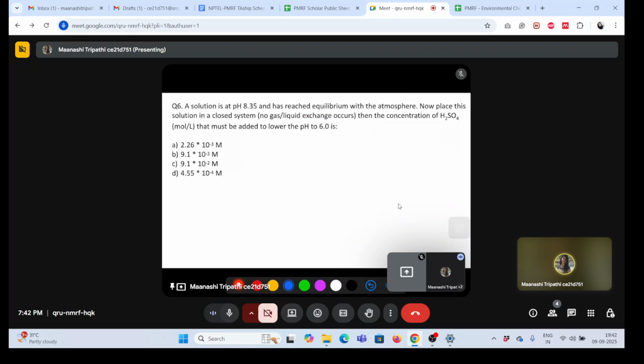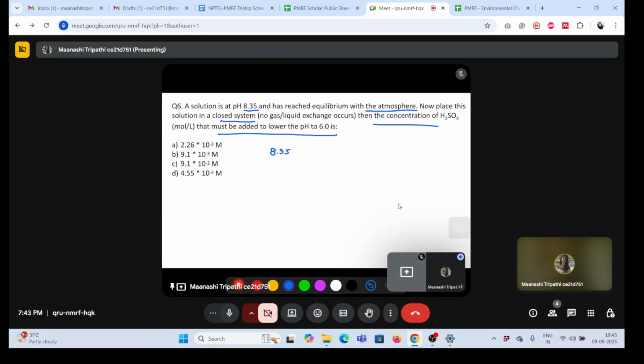Coming to the next question. Our solution is at pH 8.35 and it has reached equilibrium with the atmosphere. Now this is an open system. Now place this solution in a closed system. Then what concentration of H2SO4 must be added to lower the pH to 6? Now what is happening? We have a solution which is at pH 8.35.